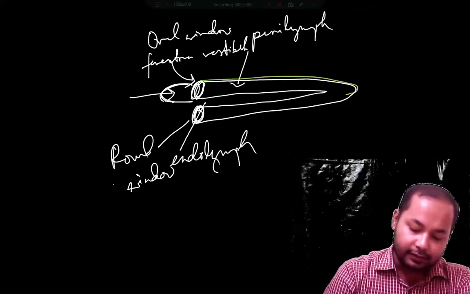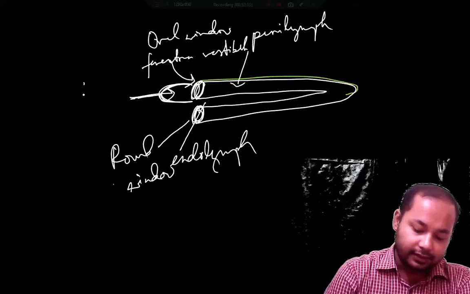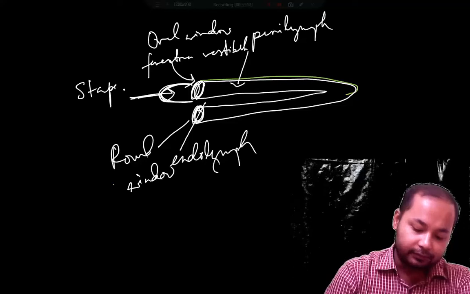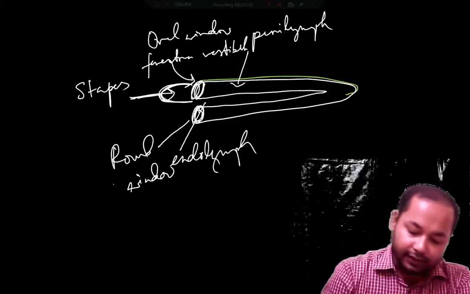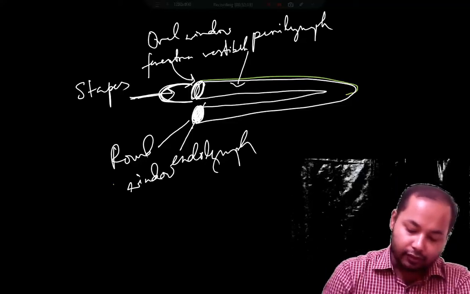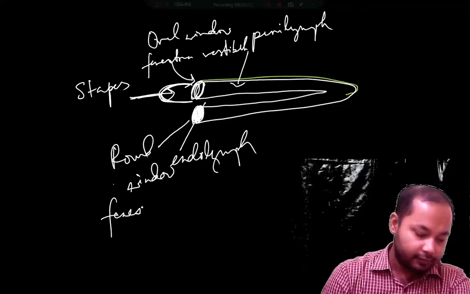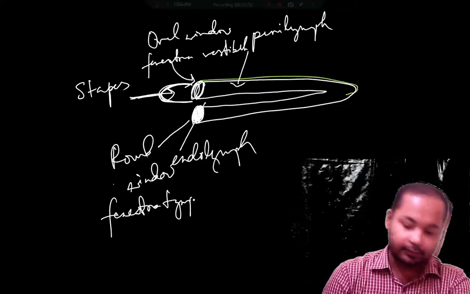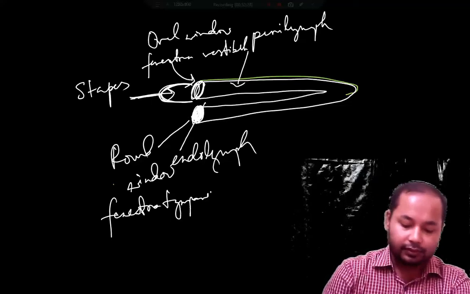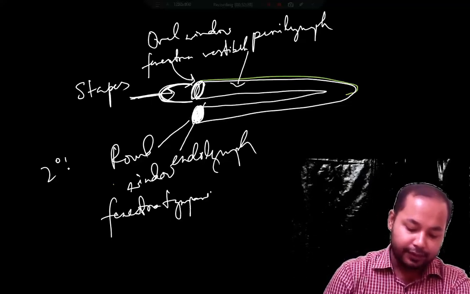Yes, this is the stapes. And what is there in the round window or fenestra tympani? This is the secondary tympanic membrane.